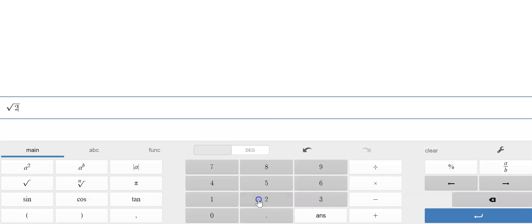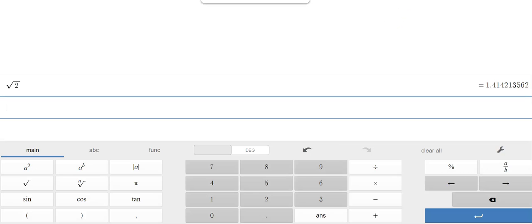The square root of 2 is 1.414213562. It almost looks like it's going to have a pattern, and then it doesn't have a pattern.